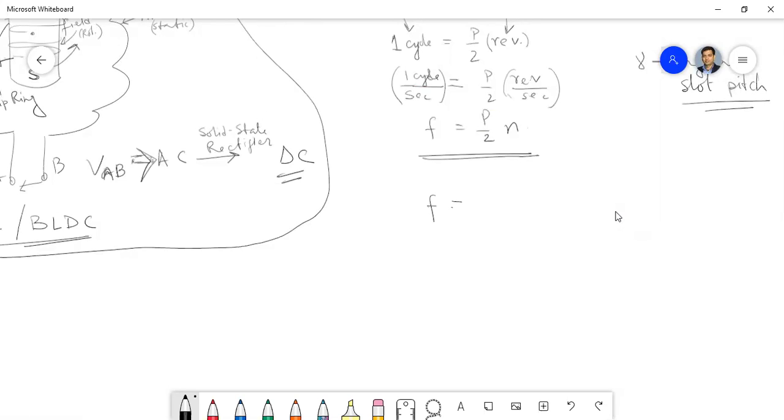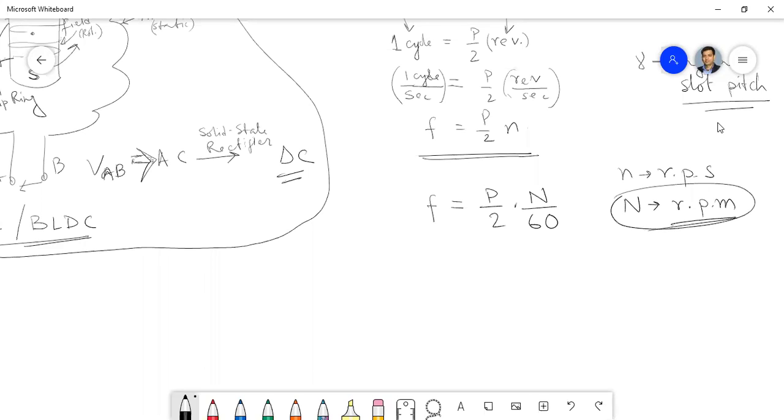So another form of this expression we also write: this n we can write as N/60. Small n is in revolutions per second, whereas capital N we generally represent in revolutions per minute. This is the more popular unit of mechanical rotation or speed, RPM.